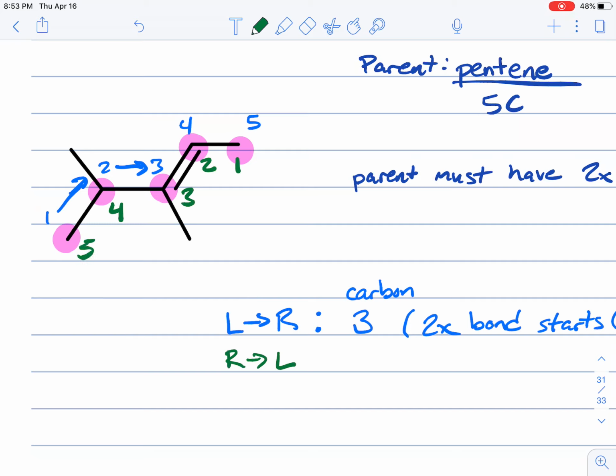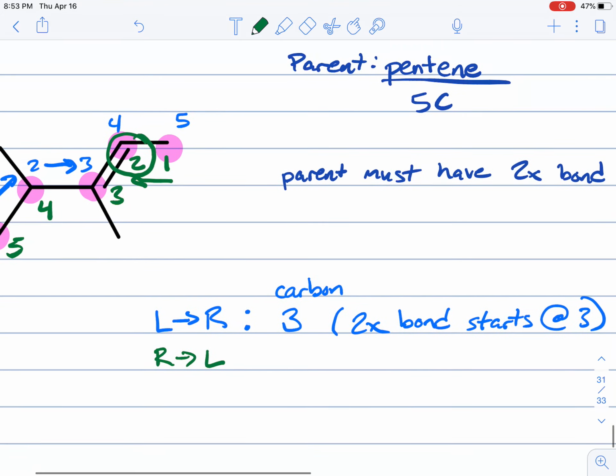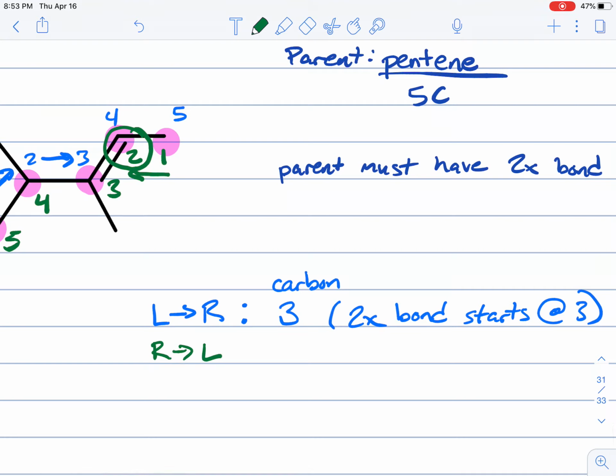If I add in the arrows, and I go from right to left, notice that carbon 2 will contain the double bond. So the double bond starts at carbon 2.